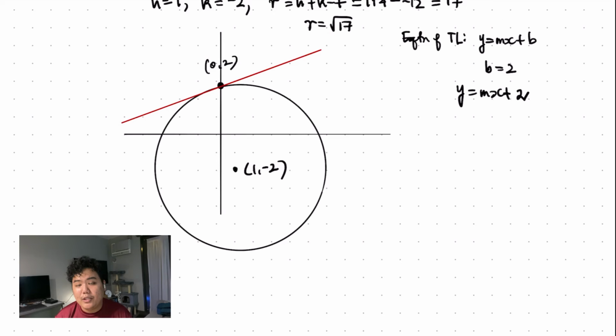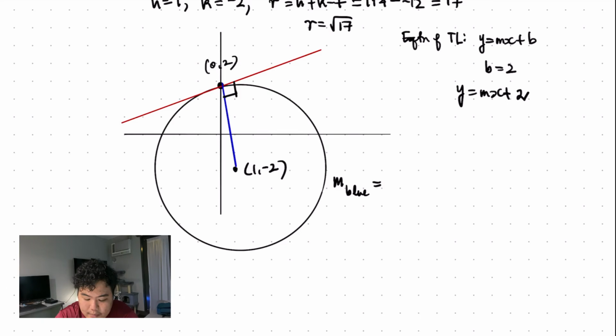So, dito natin magagamit yung property ng tangent line. So, sabi natin, if you connect the points of tangency and the center of the circle, let's say, ito yung blue line. So, perpendicular siya doon sa tangent line na red. So, kapag alam natin yung slope nitong blue, get the negative reciprocal of the slope of the blue line segment, mahahanap mo yung slope ng red line. So, hanapin natin yung slope, m sub blue for the slope of the blue line.